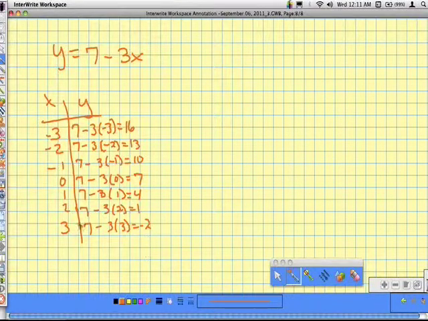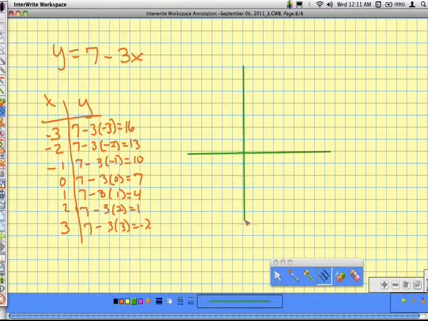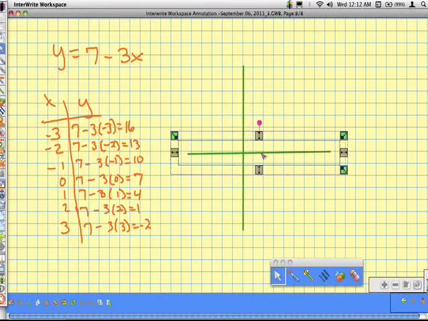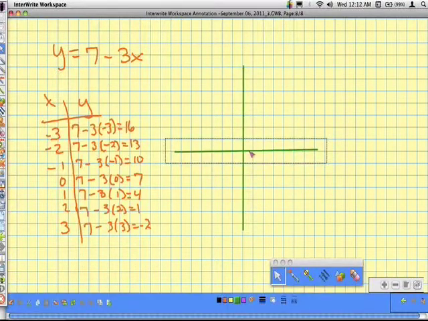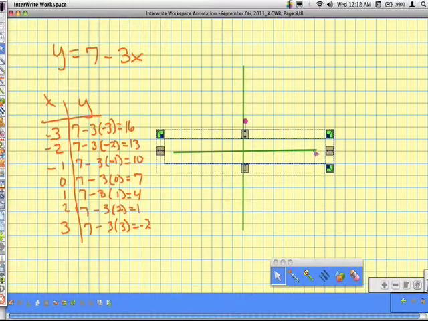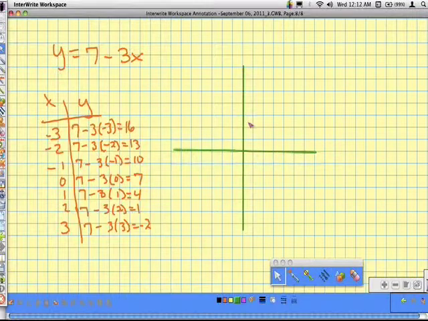So if we set up our xy axis here, a little crooked, but you'll get the idea. Let's see if we can move this a little bit to clean it up. That's a little better. That'll be good enough.